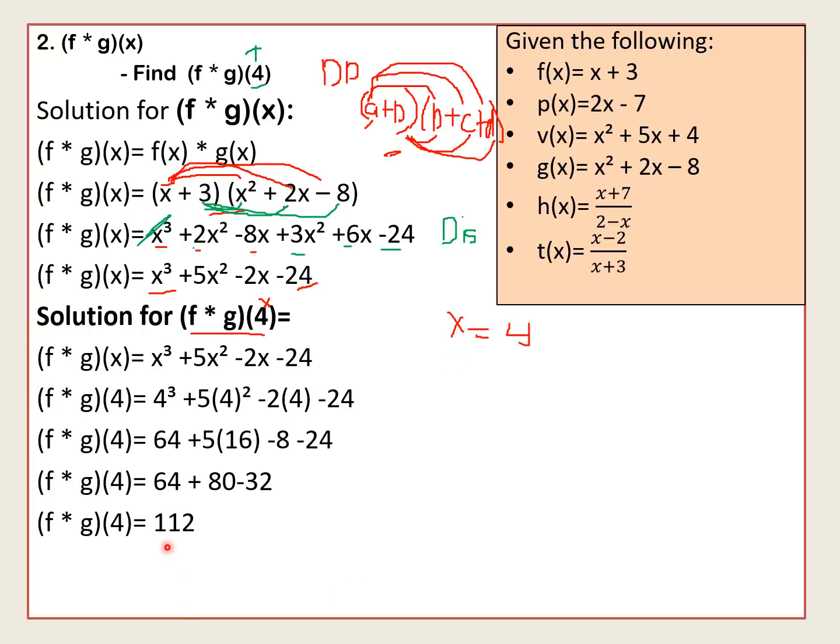So, pag tatanungin ko kayo, find f times g of 4, kung tatanungin ko kayo kung anong value ng f times g of 4, ang ibibigay nyo sa akin answer would be 112. Nakukuha? So, that is our second example. The product of f and g given x, which is equal to positive 4.